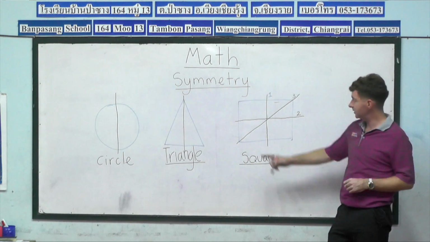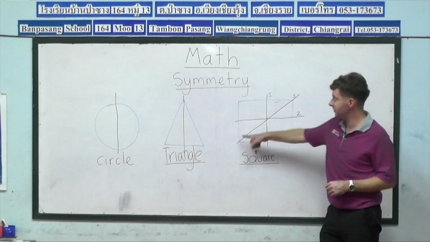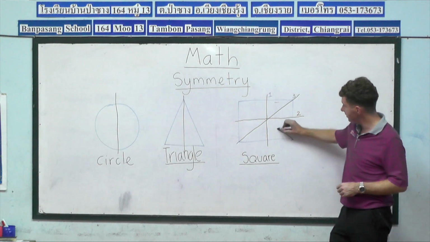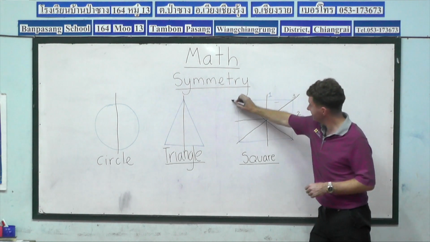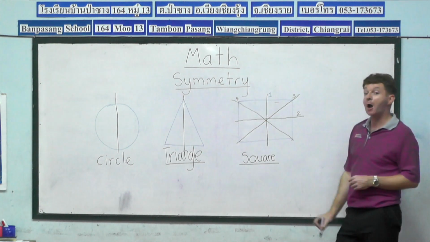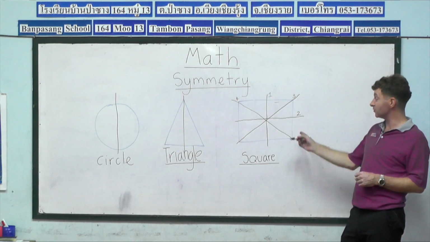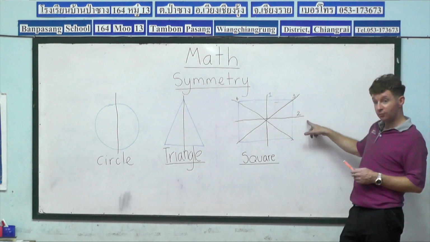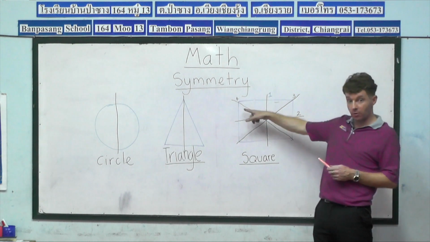And finally, if we can go from this corner to here, that means that we can go from this corner to here. Four. So how many lines of symmetry does the square have? One, two, three, four.